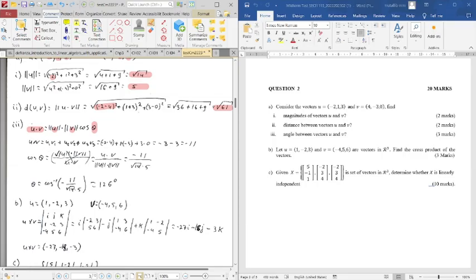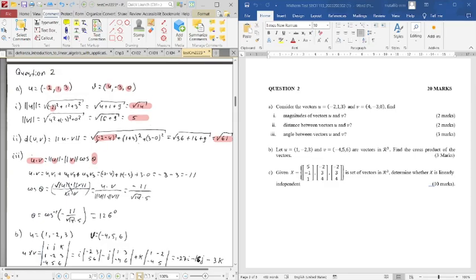To find it, we multiply u1 times v1 plus u2 times v2 plus u3 times v3, and put in the values. So negative 2 times 4 plus 1 times negative 3 plus 3 times 0, and we get negative 11.